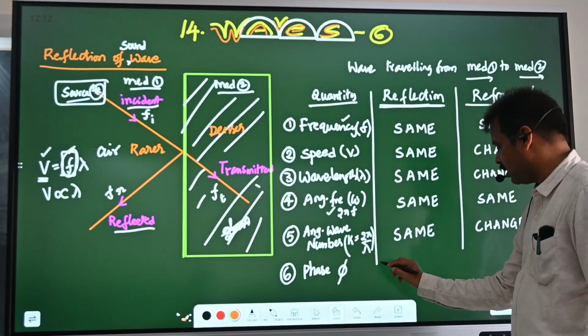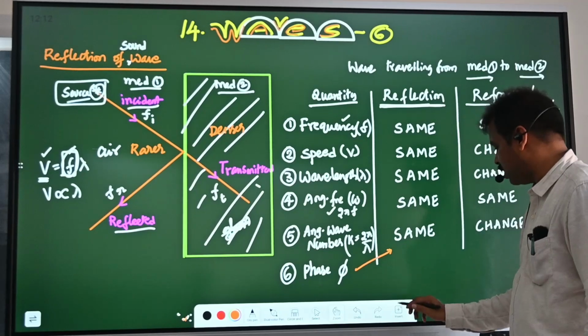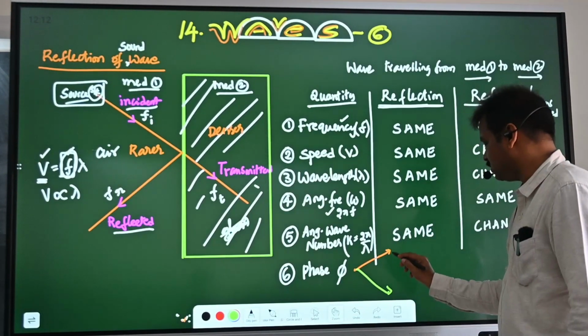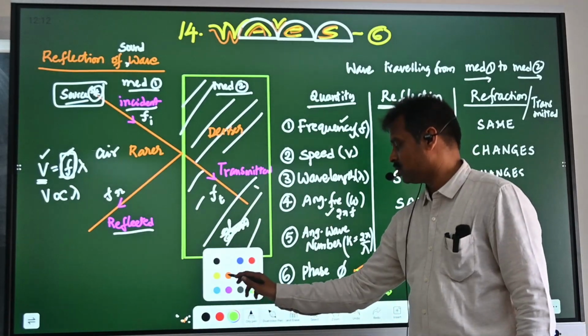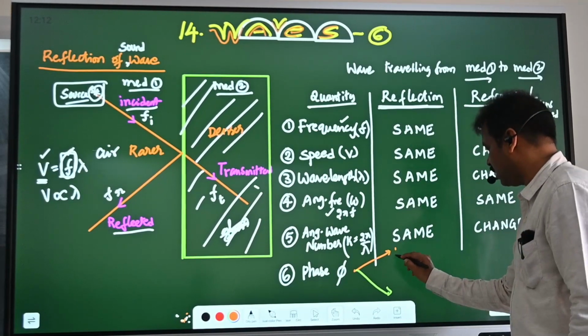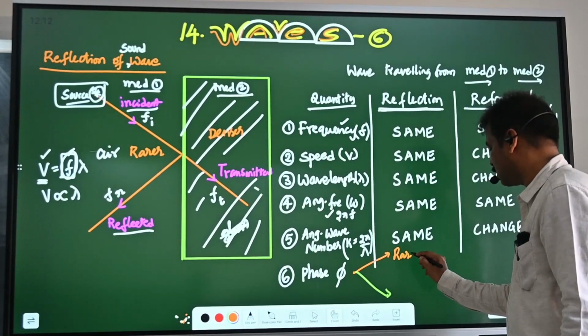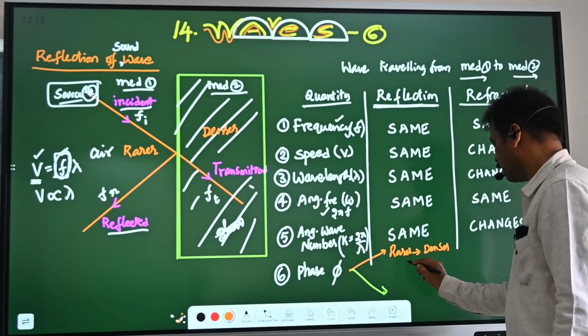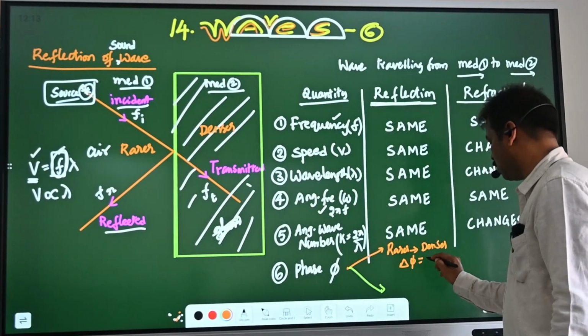So what I am writing here, we have 2 possible cases. One is rarer to denser. Phase change is equal to how much?